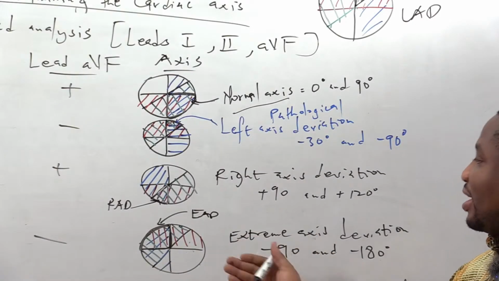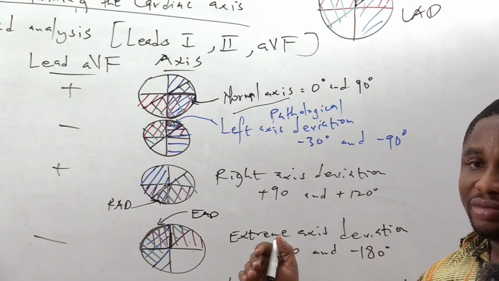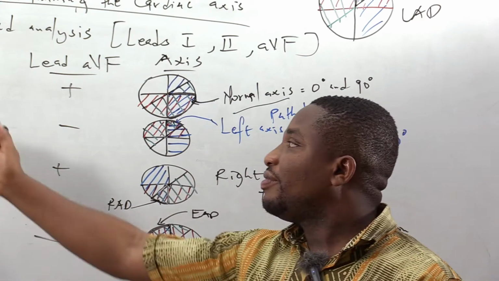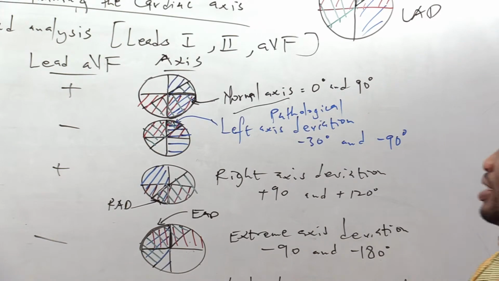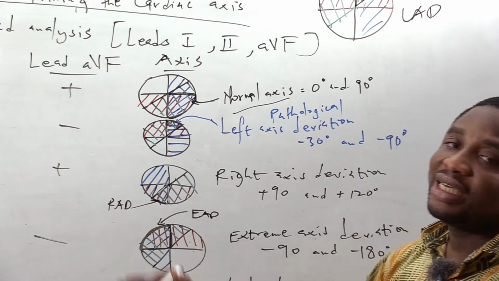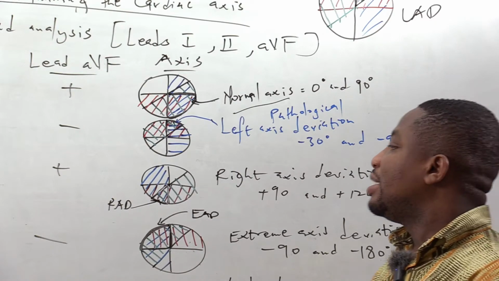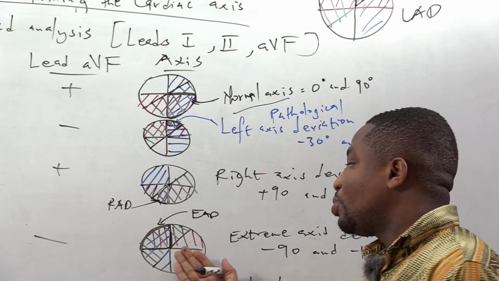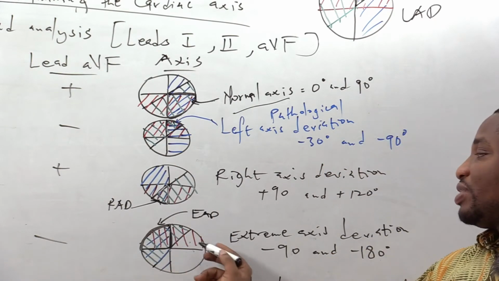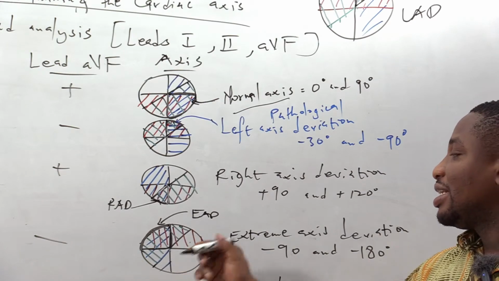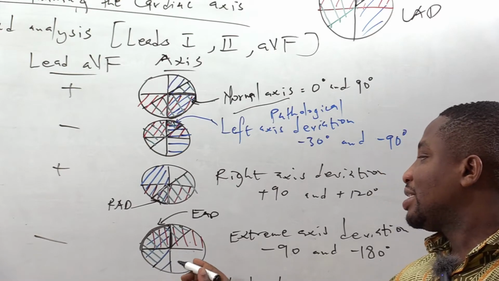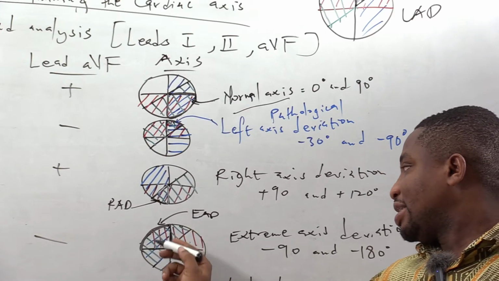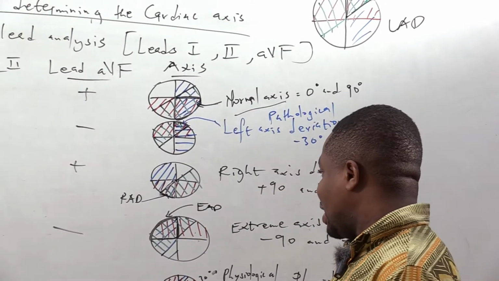Then, finally, another example is you have the 1 negative, the 2 negative, the ABF negative. The 1 negative, you know that we should shade the right side of the circle. The ABF negative, you should know we should shade the upper portion of the circle, which is done with the red ink. Then, the 2 negative, we draw our diagonal line, meaning that we should be shading in that aspect, we are shading with green.